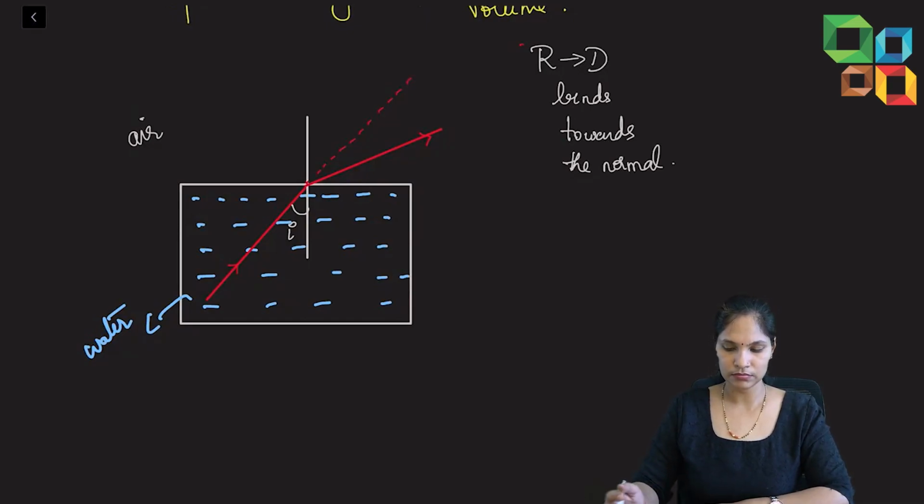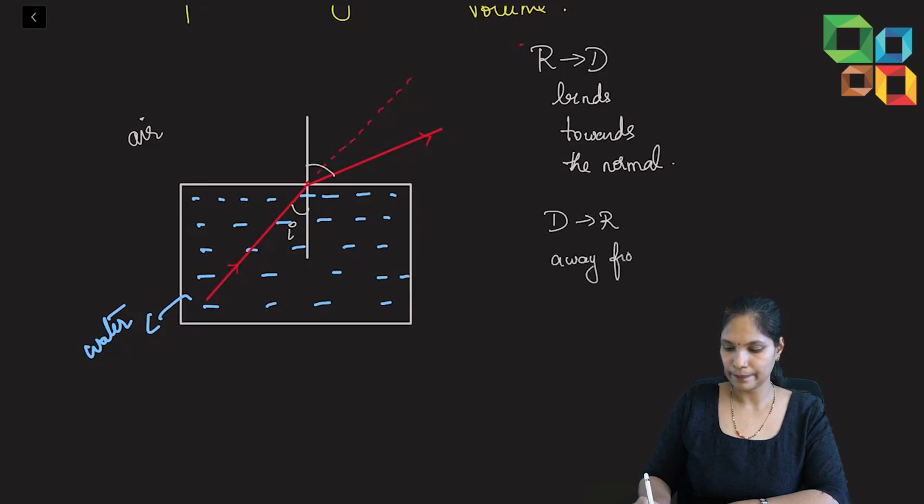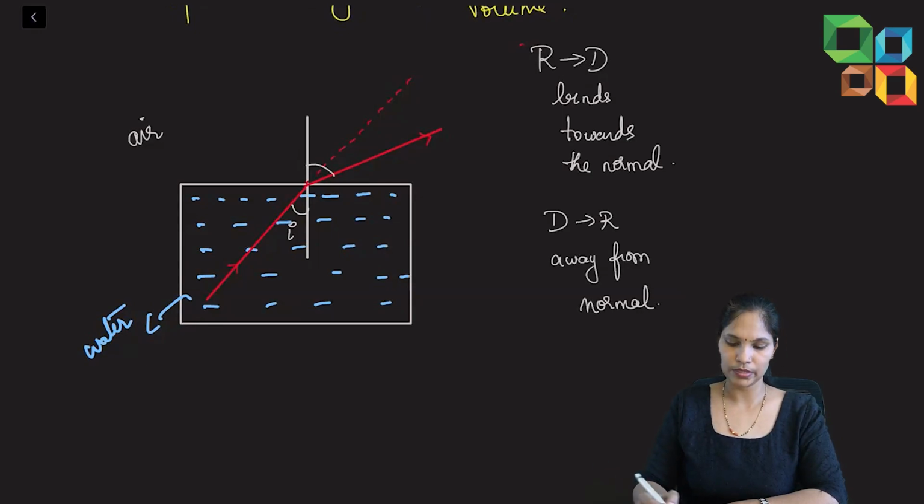Otherwise, it would have reached earlier. Yes. So this is exactly what happens in the case of denser to rarer. From denser to rarer, it will bend away from the normal.